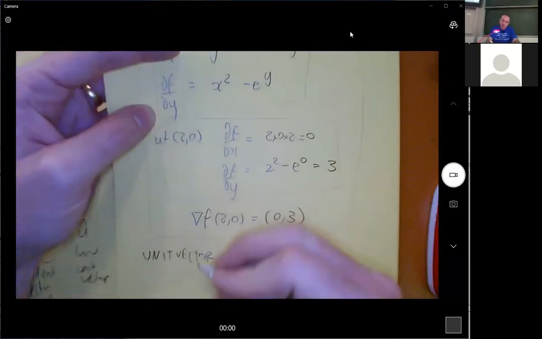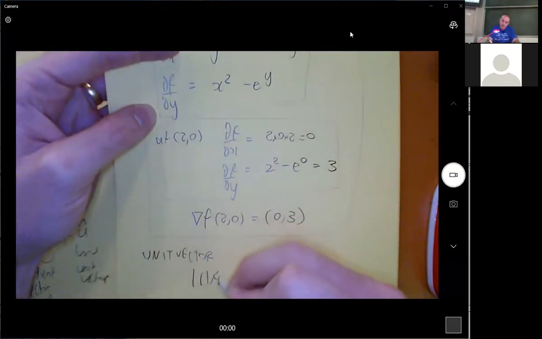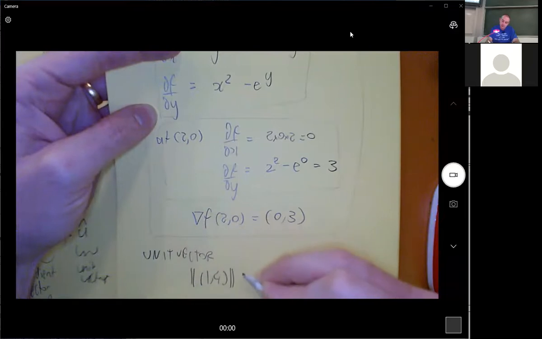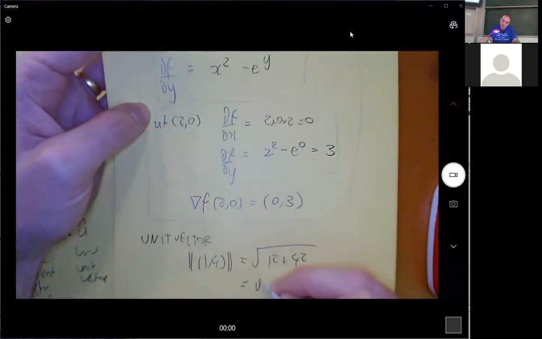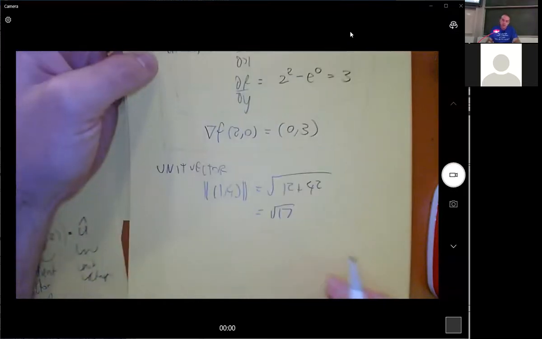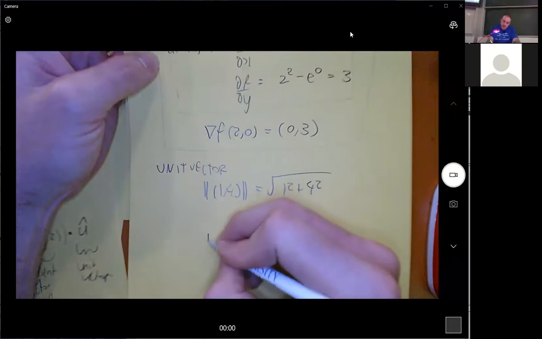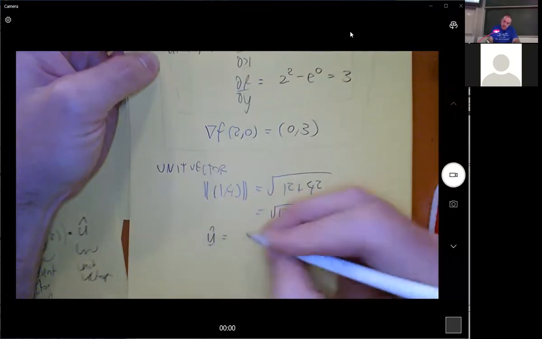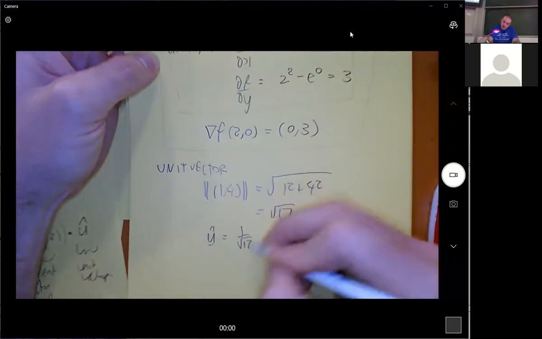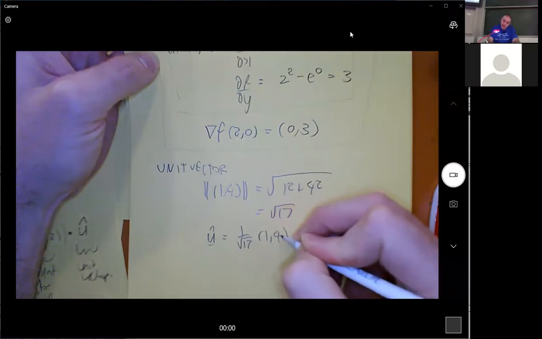So first I'll find the length of the vector 1, 4. Sure, and why shouldn't it be? And then the unit vector that I want is the vector that I had divided by that length.